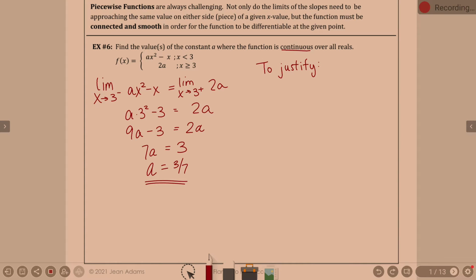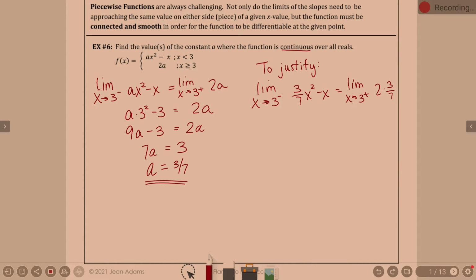And so in other words, if we're going to show that that 3/7 does work, basically putting it in place of a. So if we look at the same thing, the limit as x approaches 3, but instead of ax squared minus x, what value are we using for a this time? We're doing 3/7 x squared minus x, equal to the limit as x approaches 3 from the right, and that's going to be 2 times a, which is going to be 2 times 3/7.